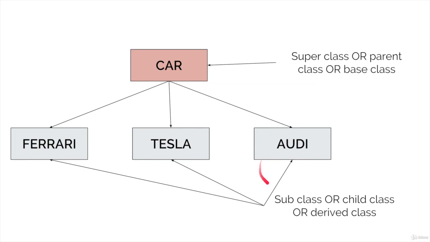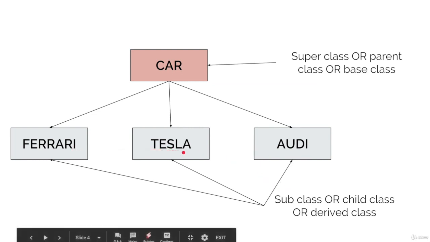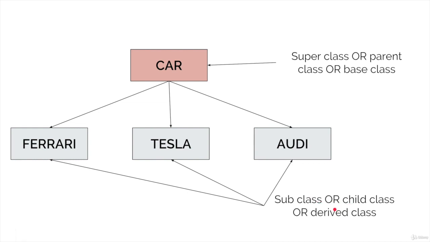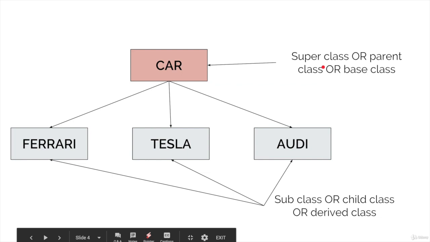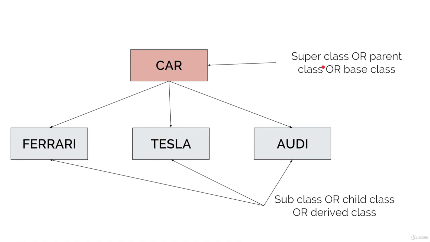And Ferrari, Tesla, and Audi are also known as subclasses, child classes, or derived classes. Different people will use different terminologies in the world of object oriented programming. Some might call it superclass, some might call it base class, some might call it parent class. So it's important to know that all three of them mean the same.